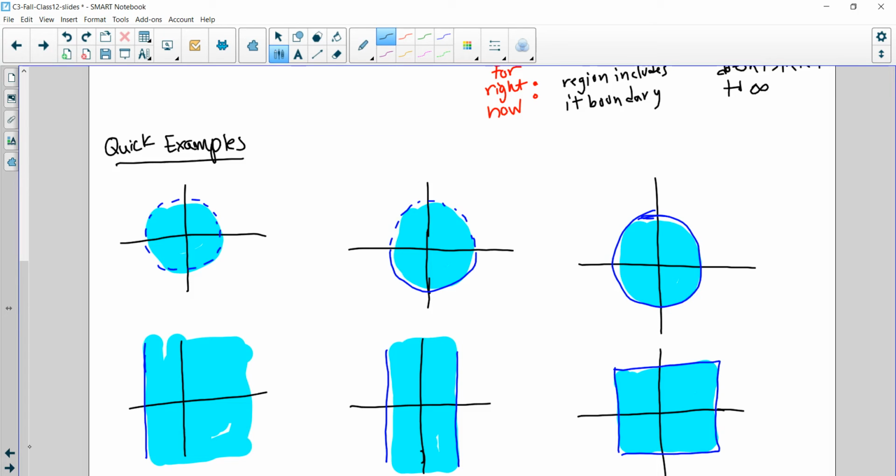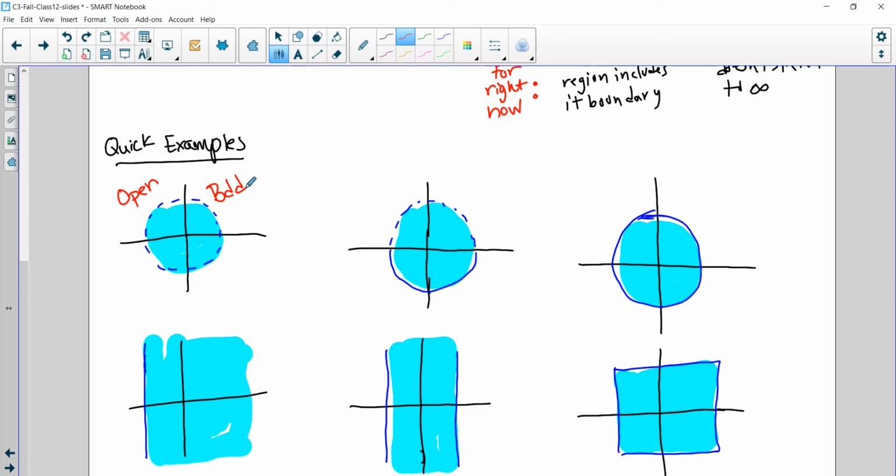Since it does not include the boundary, we would say it is not closed, and so we call it open. Since it doesn't stretch to infinity, we would say that this is bounded, and my abbreviation for bounded is BDD. I don't want to write it out, so just my own shorthand.